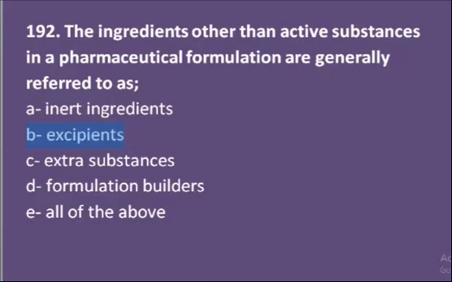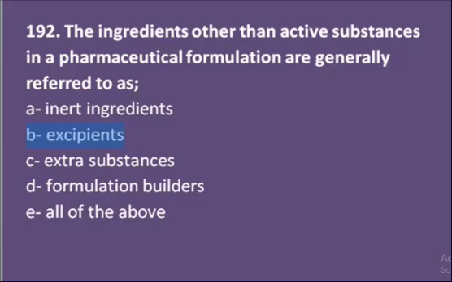Not inert ingredients, because all the substances in a pharmaceutical formulation apart from the active substance are not necessarily inert. For example, we have magnesium stearate. This is actually an excipient that is used in pharmaceutical formulations.